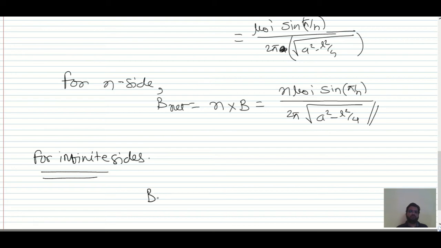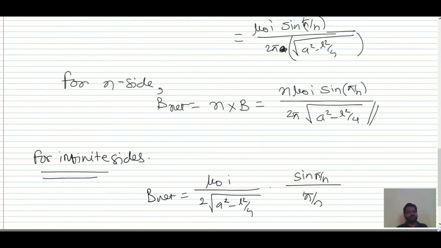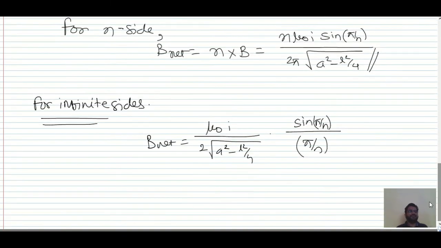We have Bnet is equal to mu naught I divided by 2 root of a square minus L square by 4, into sine pi by n divided by pi by n, right? So this is the case where n is tending towards infinity.